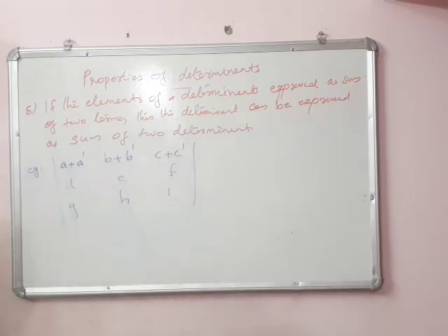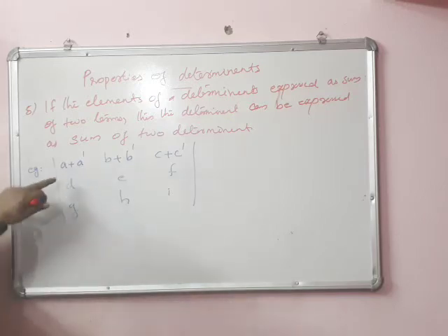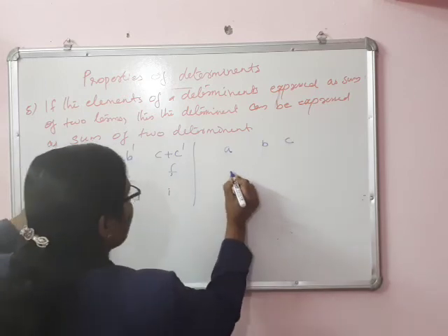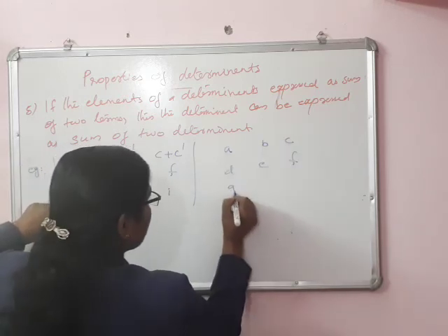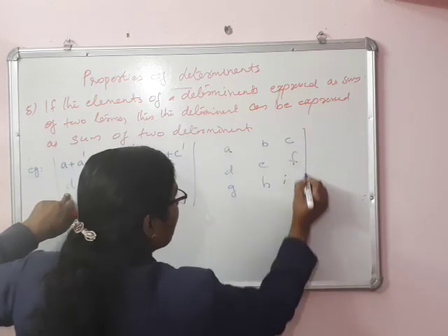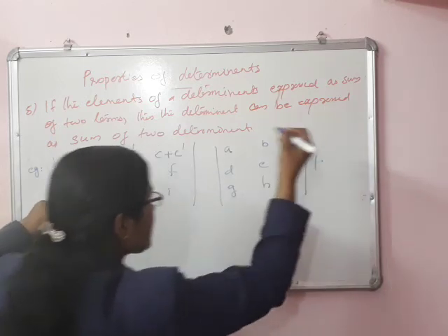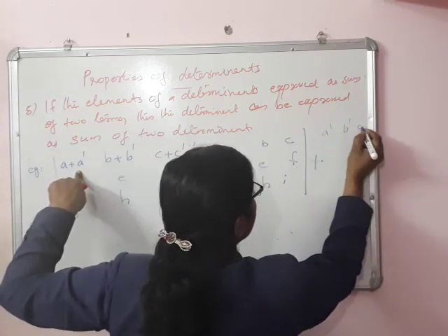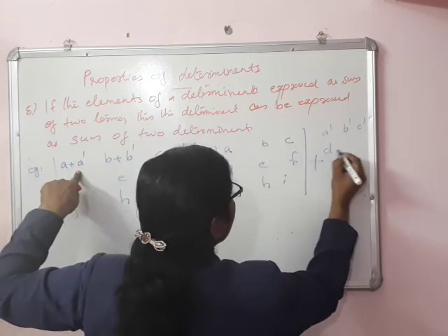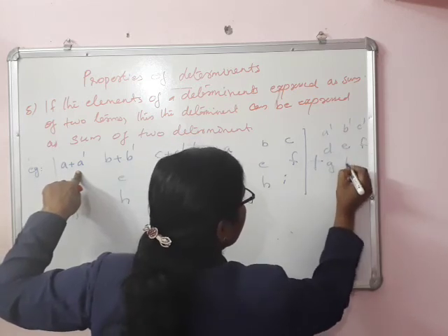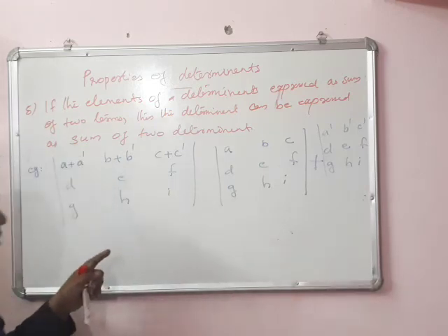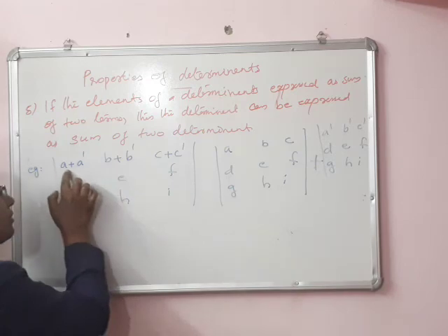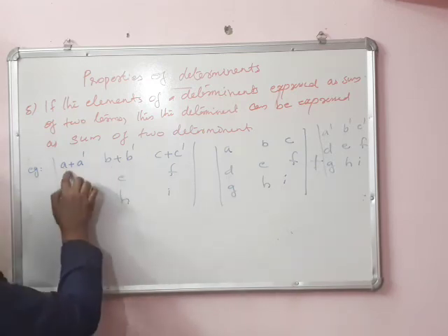We can express this as the determinant with A B C, D E F, G H I, plus the determinant with A dash, B dash, C dash, and D E F, G H I, because A dash, B dash, C dash is added to the terms. So that is the first row.